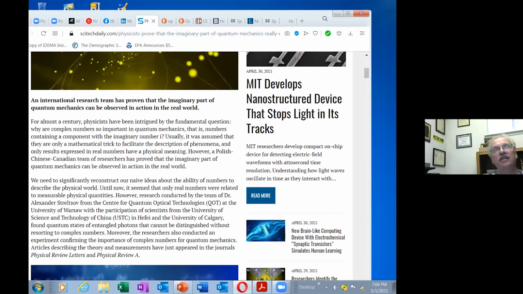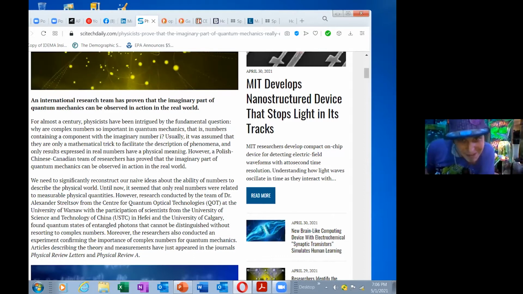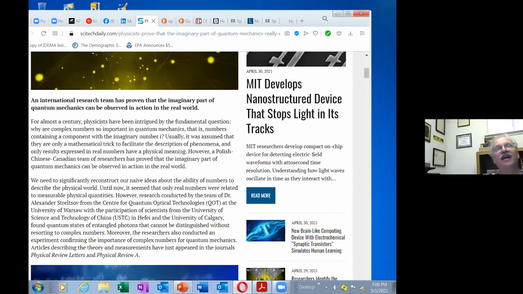However, research conducted by a team of Dr. Alexander Streltsov from the Center for Quantum Optical Technology, QOT, at the University of Warsaw, with the participation of scientists from the University of Science and Technology of China, USTC, in Hefei, and the University of Calgary, found quantum states of entangled photons that cannot be distinguished without resorting to complex numbers.